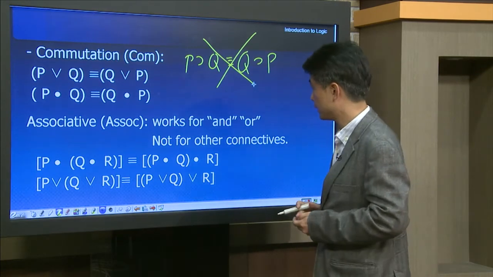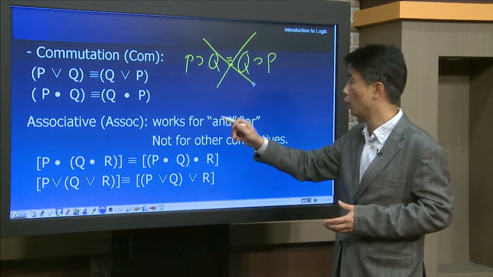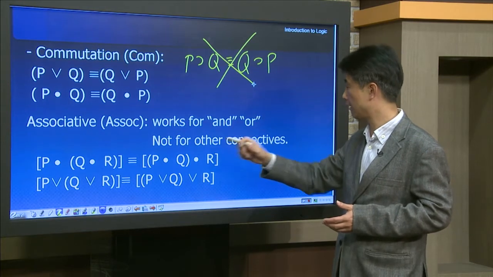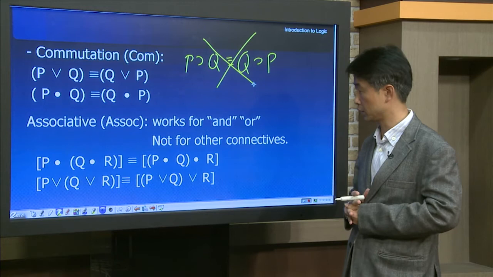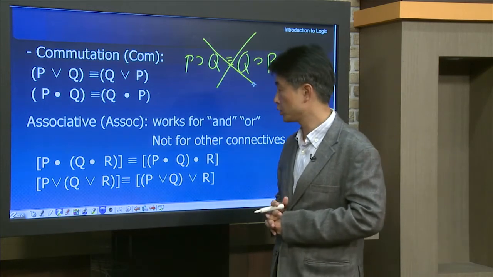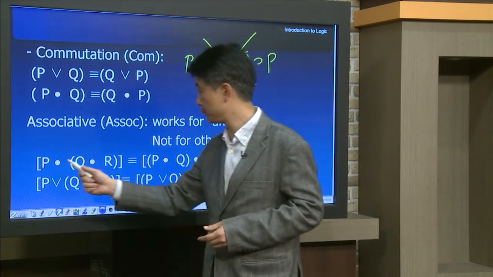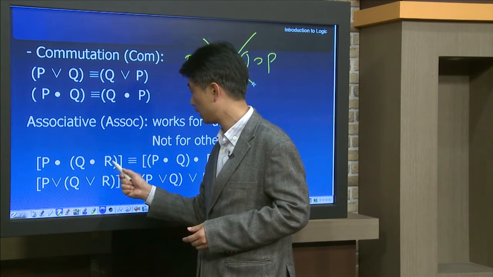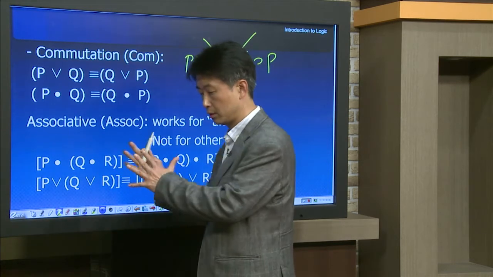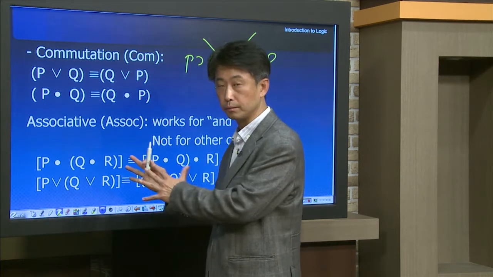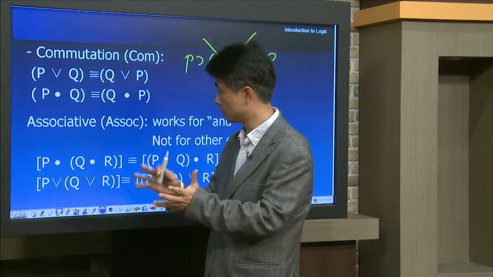Associative rule, again, works for and or, not for other connectives. That's true for other rules as well. The associative rule is when you have P dot Q dot R, you can move parentheses forward or backward.